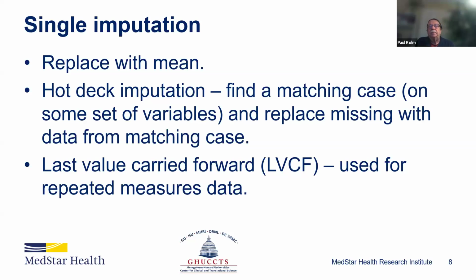If you have a lot of variables, it's very difficult to do. And then another, more common way when you have repeated measures data is the method of last value carried forward. And I'll give some examples here, which also can be a really bad idea.